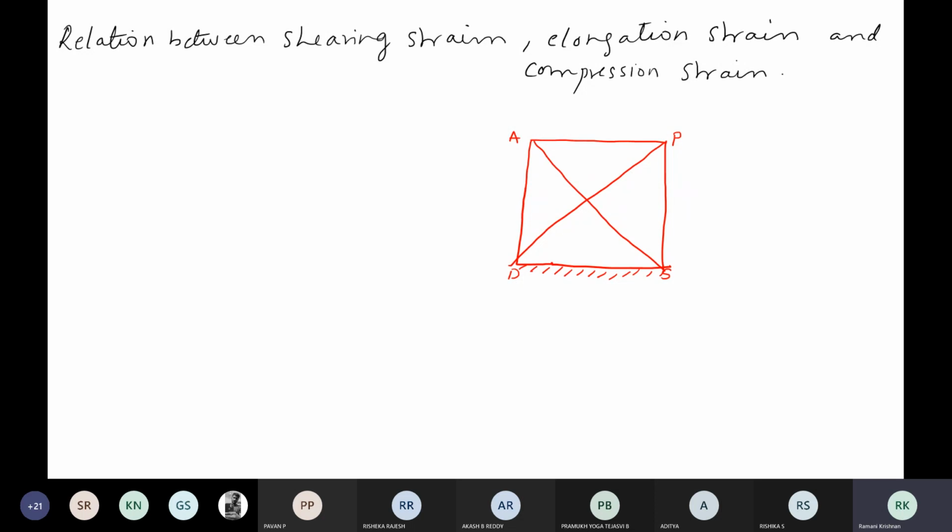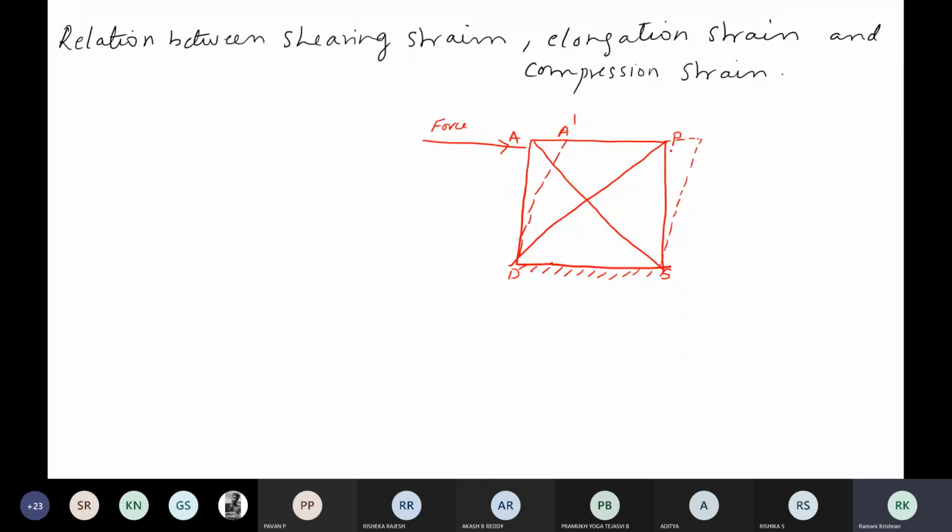So I have taken a cube. This is one side of the cube. The lower end DS is fixed, we said. When I apply a force here, a tangential force is applied. What happened? This position has shifted to a new place, that is A dash, and the cube got sheared.